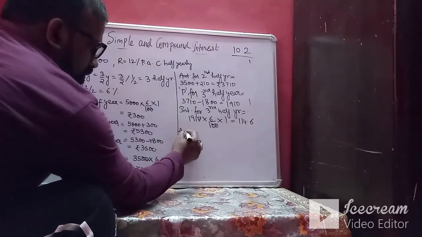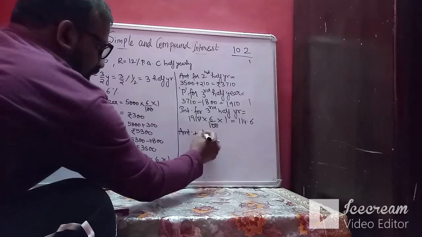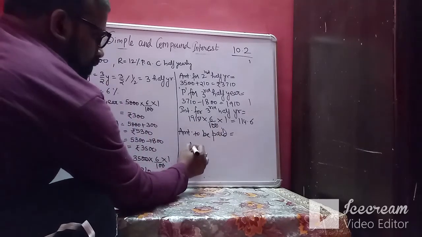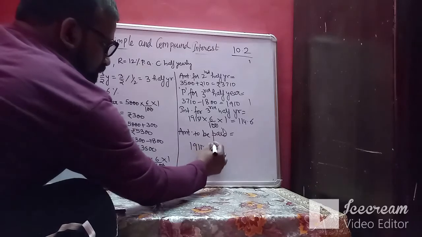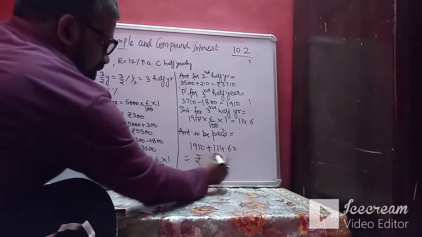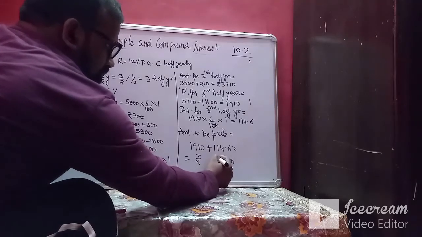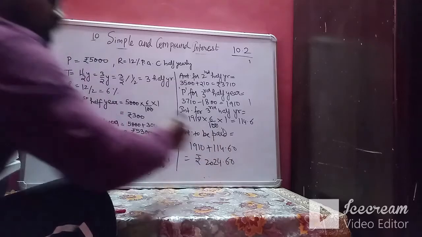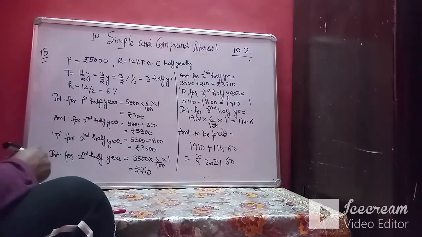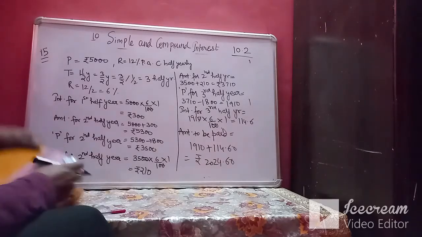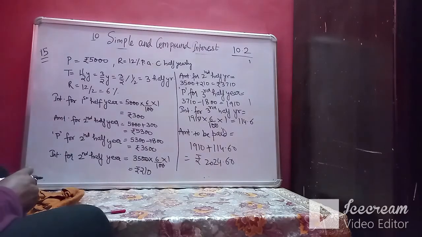So amount to be paid will be how much? 1910 plus 114.60, that is rupees 2024 rupees 60 paisa at the end of the third half year. If he pays, then his debt will be clear.